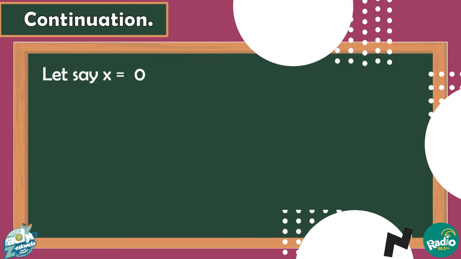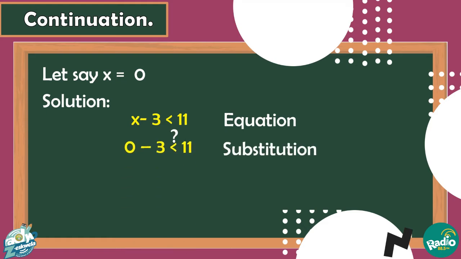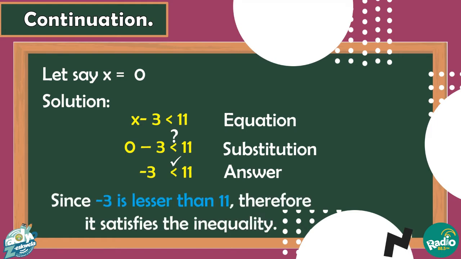Let's say x = 0. The inequality given is x - 3 < 11. By substituting, we get 0 - 3 < 11. The answer now is -3 < 11.